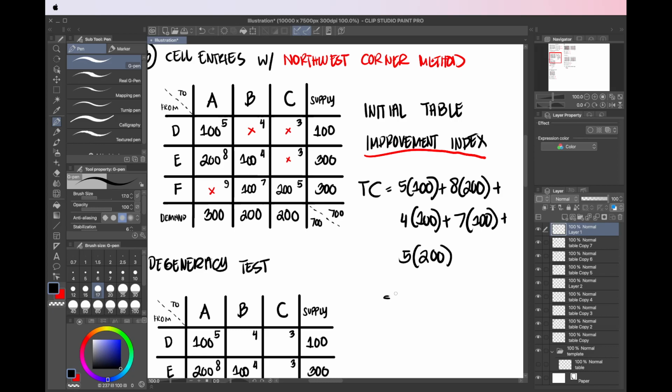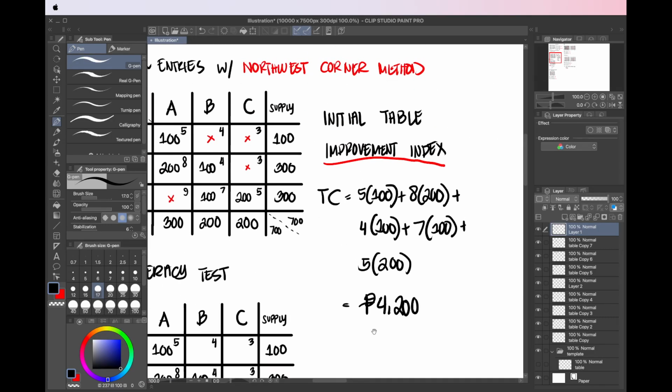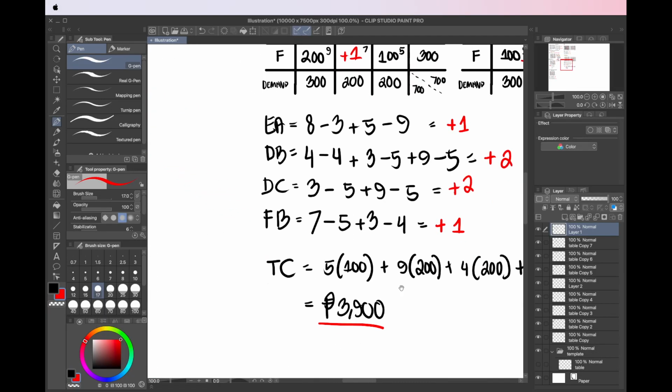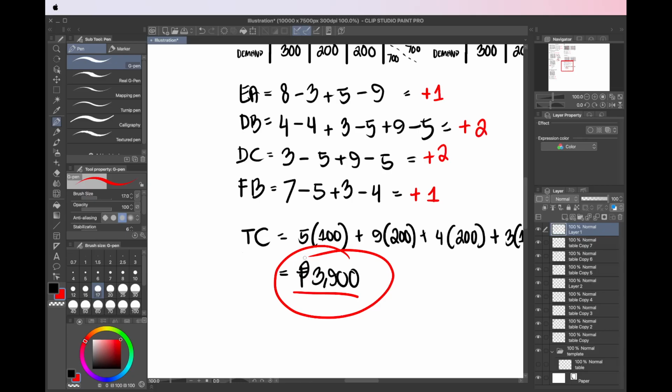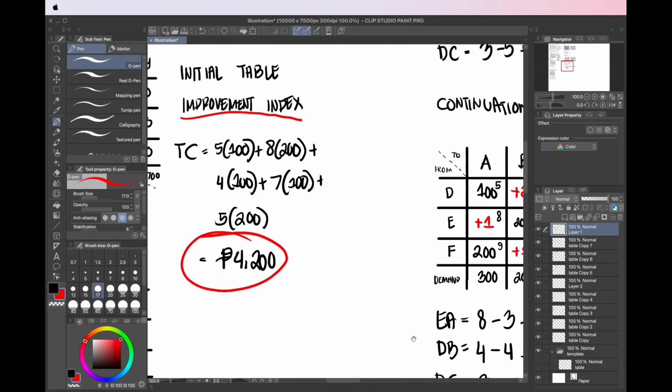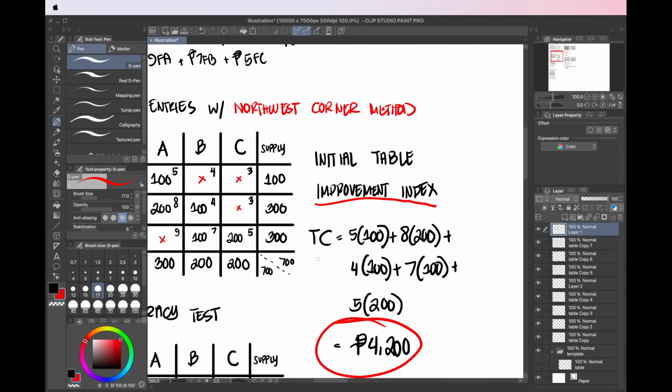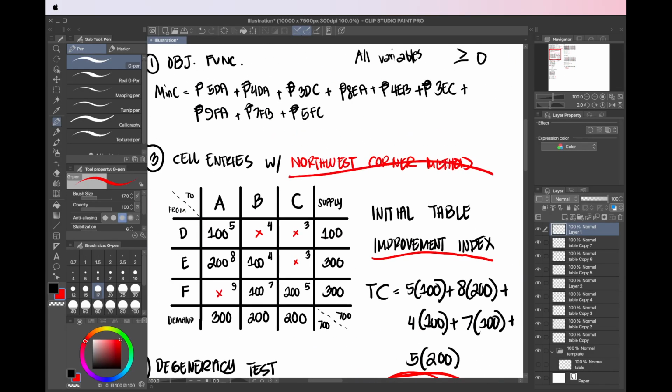So the answer will be 4,200. So this is proof in and of itself that from the very first initial table, 4,200, we managed to minimize it to 3,900, a difference of 300. And that's basically it for your transportation method using the stepping stone method and the northwest corner method.